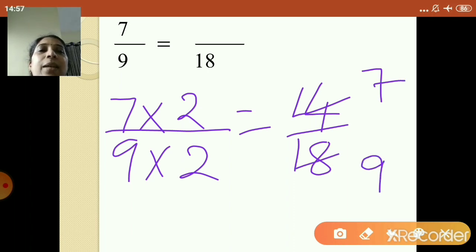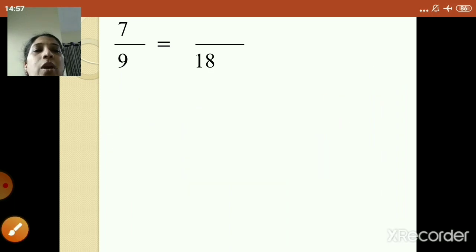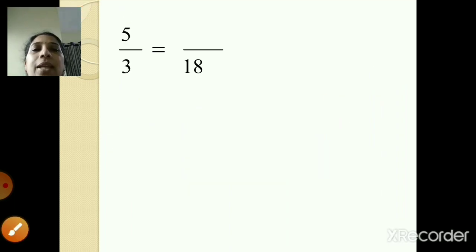So I get the same answer, 7 upon 9 is equal to 7 upon 9. So I can say that 7 upon 9 is equal to 14 upon 18. Right, children? So I hope you have understood how to carry out these equivalent fractions.